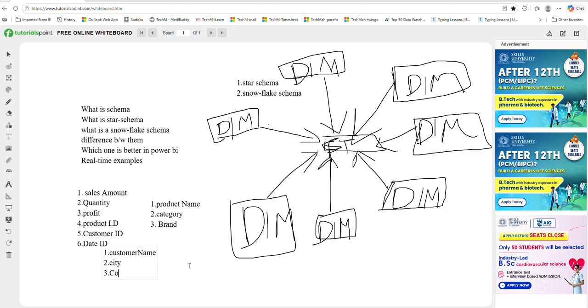Country also you can take. Okay, these three columns you can take for customer details, customer table. I hope you understand now.